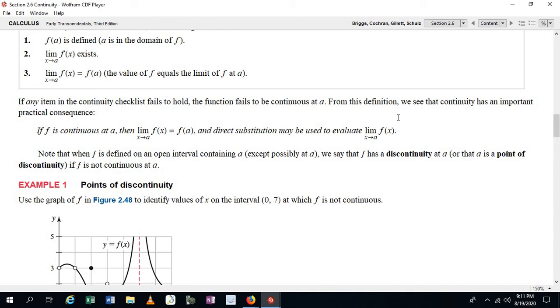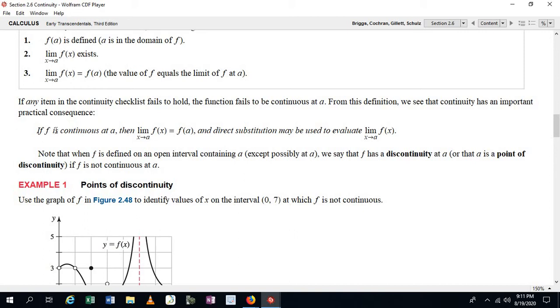And we said that there were maybe three different cases where we could use direct substitution: if the function were a linear function, a polynomial, or a rational function, then we could use direct substitution to evaluate the limit of those functions. But now we can make a more general statement about when we can use direct substitution to evaluate the limit of a function. What we really need is for the function to be continuous at a.